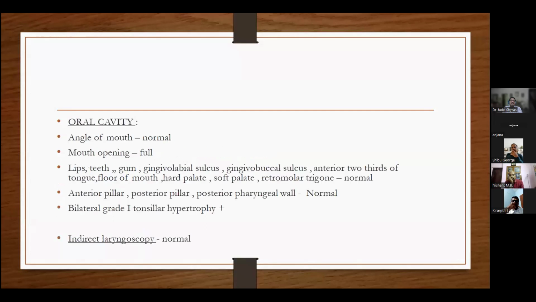Oral cavity, angle of mouth was normal. Mouth opening was full. Lips, tongue, gum, gingiva and gingivobuccal sulcus, anterior two-thirds of the tongue, floor of mouth, hard palate, soft palate, and retromolar trigone were normal. Anterior pillar, posterior pharyngeal wall was normal. Bilateral tonsillar hypertrophy was present. Indirect laryngoscopy was normal.